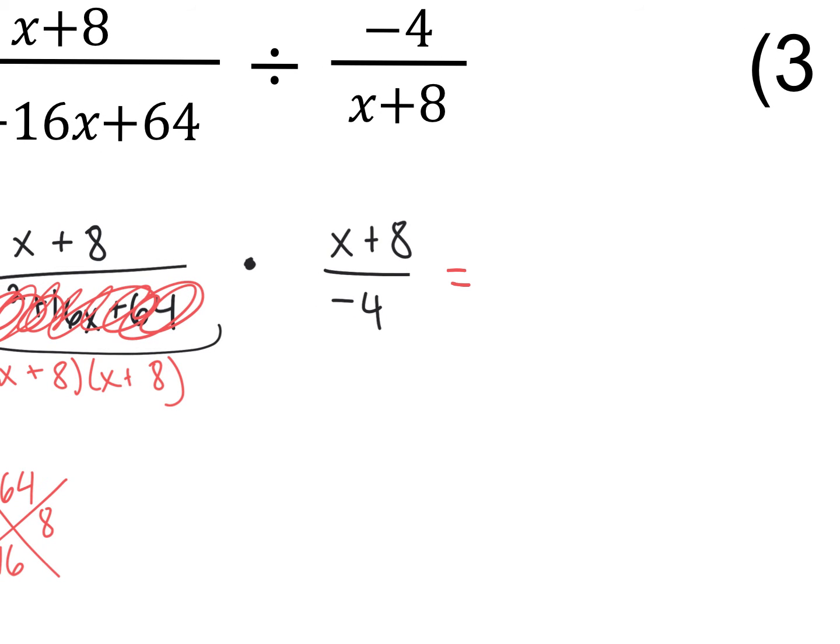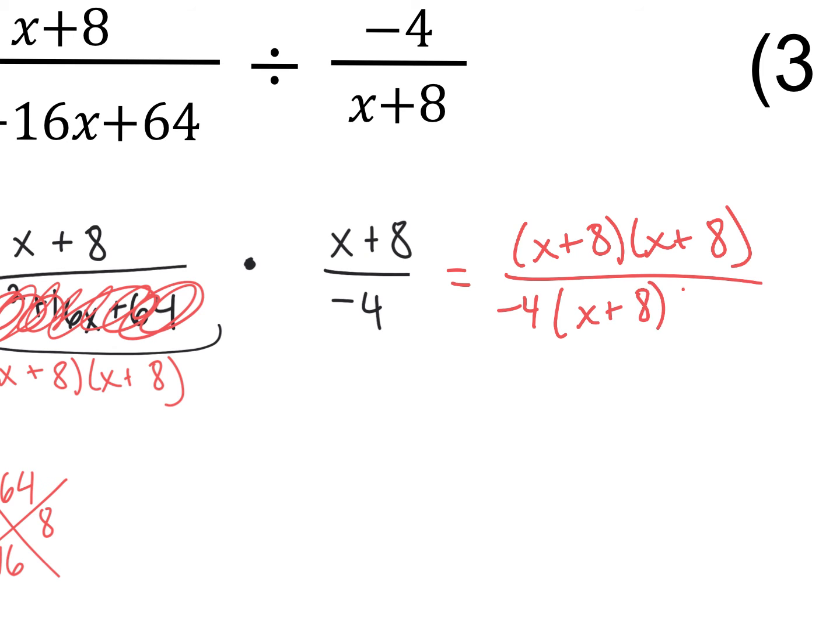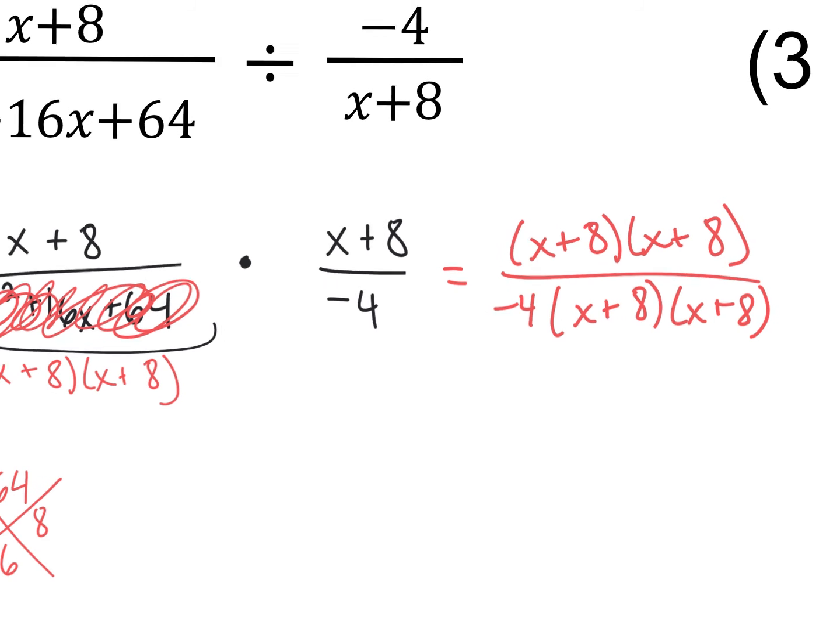On top, I've got 2 different binomials, so I do not multiply them together. I just write them together. On bottom, I've got two binomials, and I also have a monomial. So I'm going to put the monomial in the front, and write down the two binomials together. Don't FOIL them. Don't do more work than you have to.